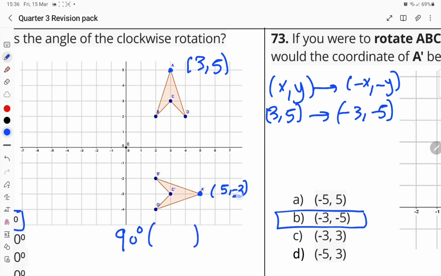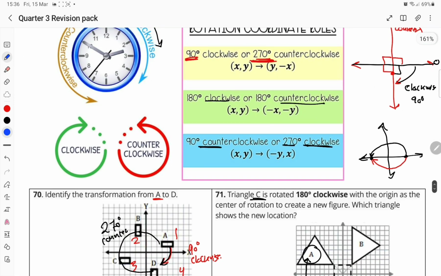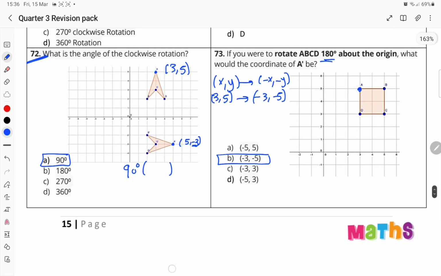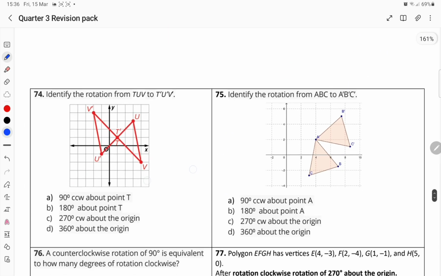If the negative sign is put, or you change the sign of the second thing, this means clockwise or counterclockwise. Remember the rule. When you change the sign of the second, this means clockwise. Change the sign of the second, clockwise. So this is 90 degrees clockwise. Very good.